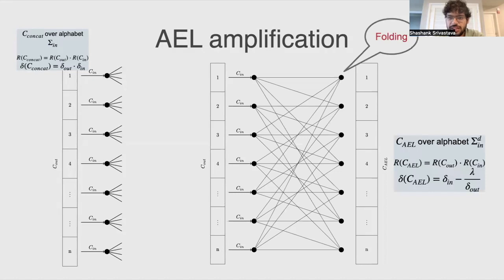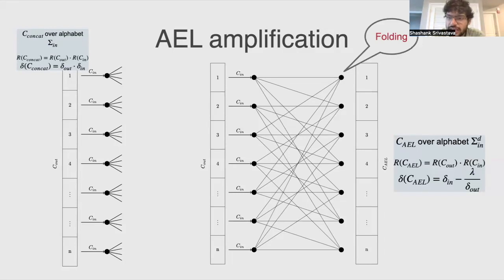Since the degree of the graph was D, we will be receiving D many symbols on each right vertex, and we'll call all of them together a single symbol. So the new alphabet is going to be sigma in to the D, where sigma in is the alphabet of the inner code.